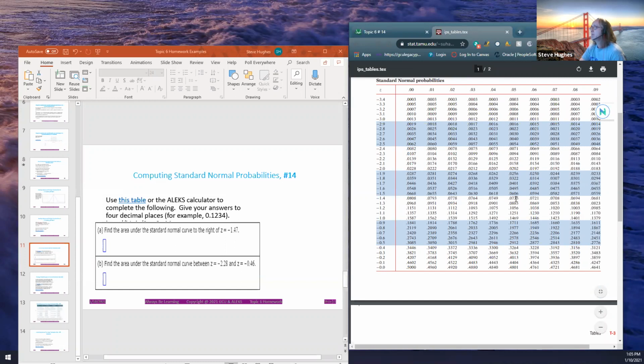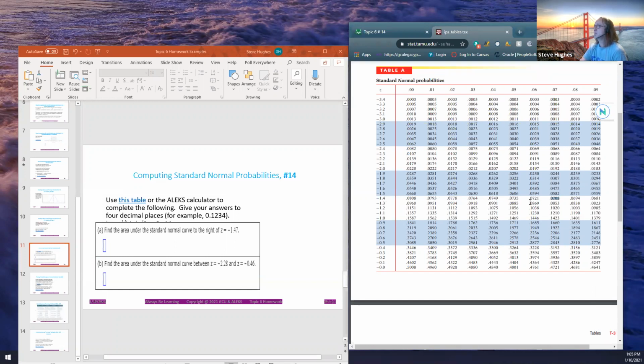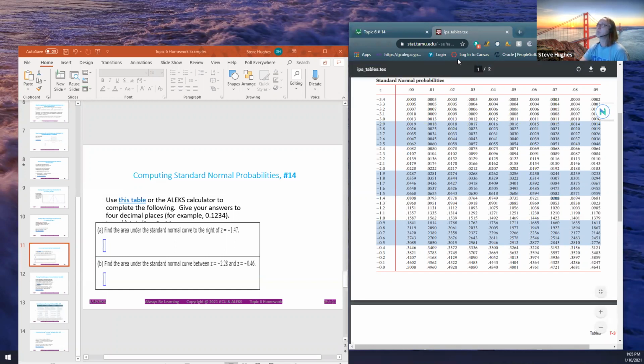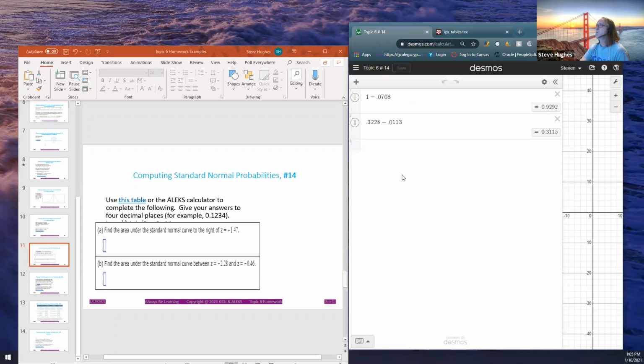Just go across till we get to 7. There it is right there. 0.0708. 0.0708 is the area, okay? So to find the answer, I need to take 100 or 1 minus 0.0708, which is 0.9292.